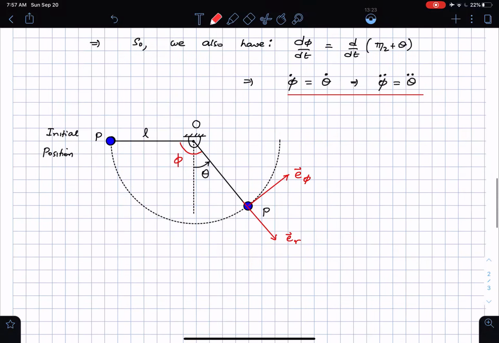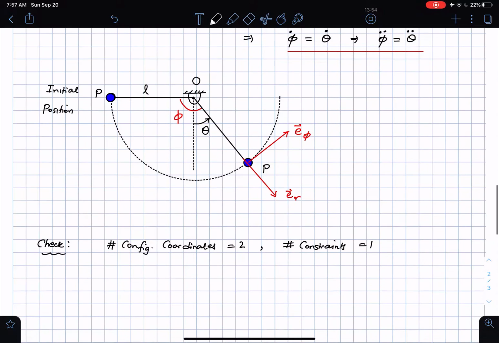It's very simple to see that the number of configuration coordinates is 2, and the number of constraints is 1, so the degree of freedom is theta or phi here. Let me quickly write that out. Check the number of configuration coordinates is equal to 2, the number of constraints is equal to 1, which means that the number of degrees of freedom is equal to 2 minus 1, which is equal to 1.